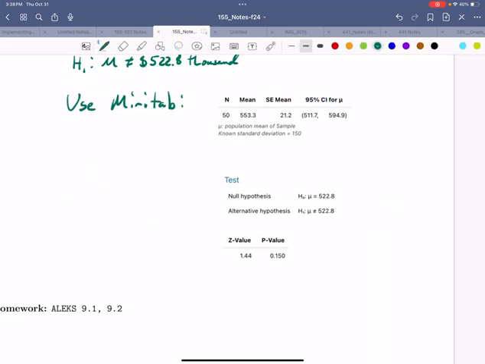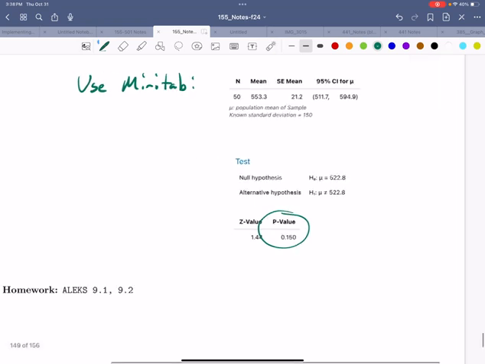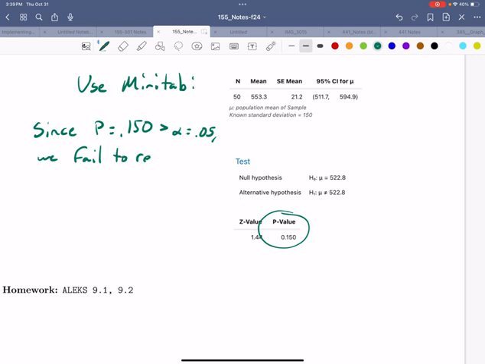And look what we get. Okay? So our p-value is 0.150. So we say since p equals 0.150, which is greater than alpha, which equals 0.05, we fail to reject the null hypothesis.